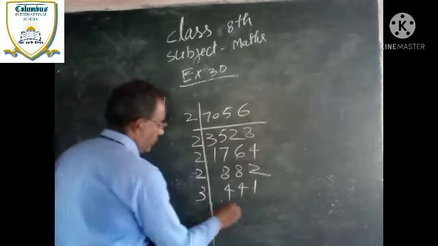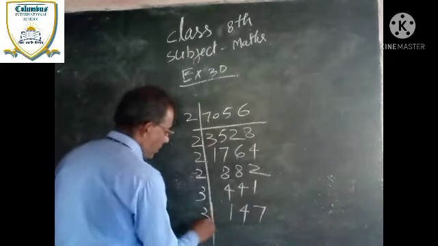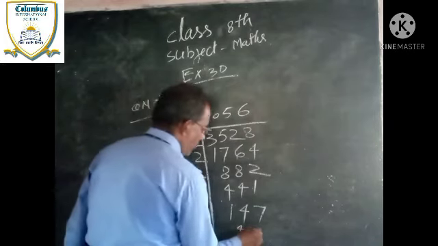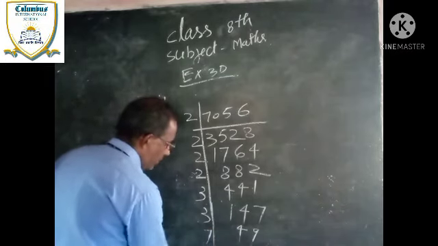So 3 ones are 3, 3 fours are 12, 3 sevens are 21, 3 fours are 12, and 3 nines are 27, and by 7, 7 sevens are 49, and by 7, 1.